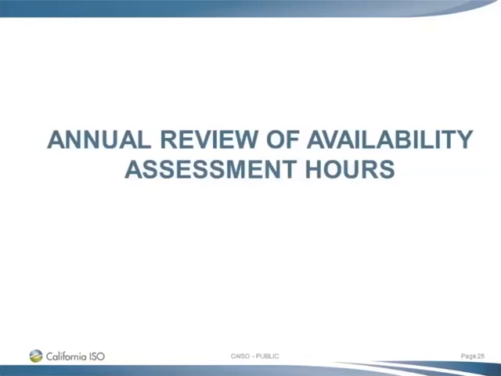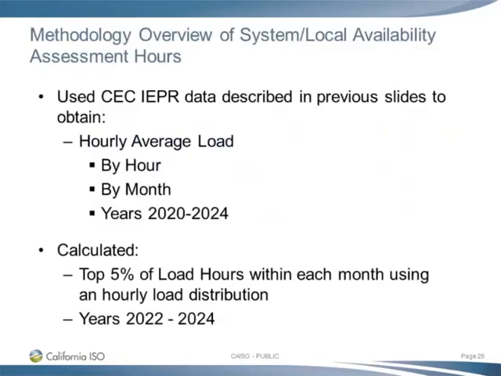All right, thanks, Hong. Let me take a quick minute to review the annual availability assessment hours methodology. We use the CEC IEPR forecast, as Clyde mentioned in previous slides, to get the hourly average load by hour by month.